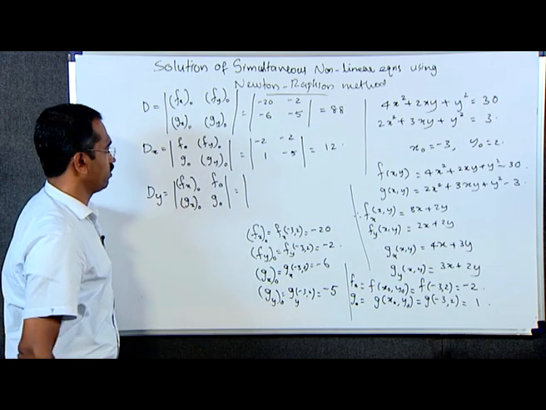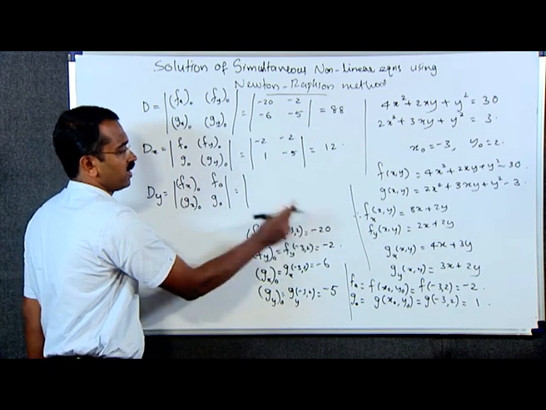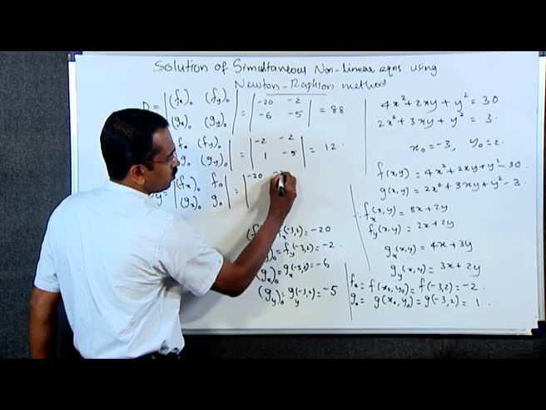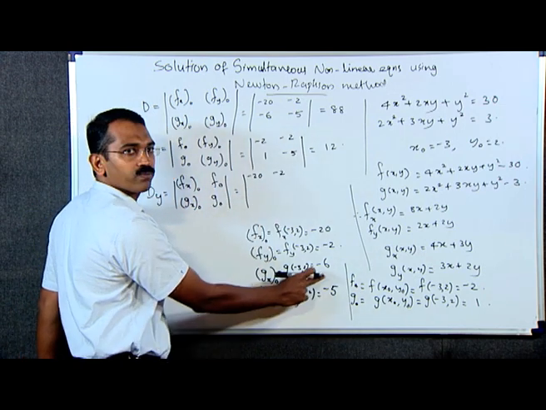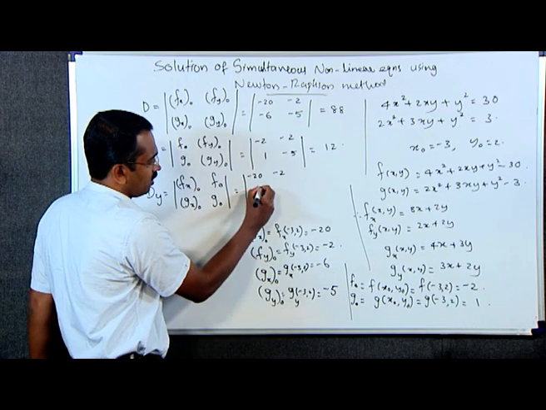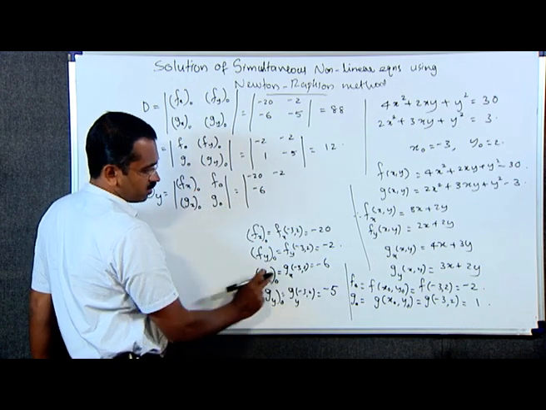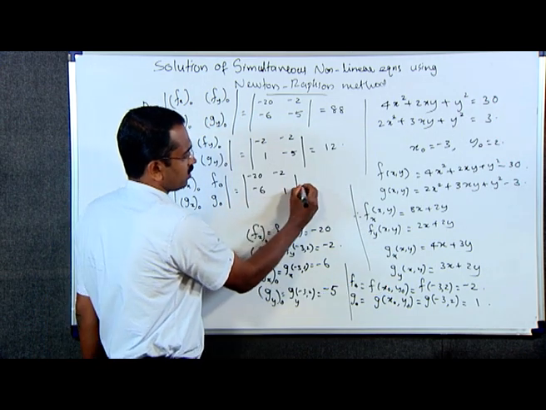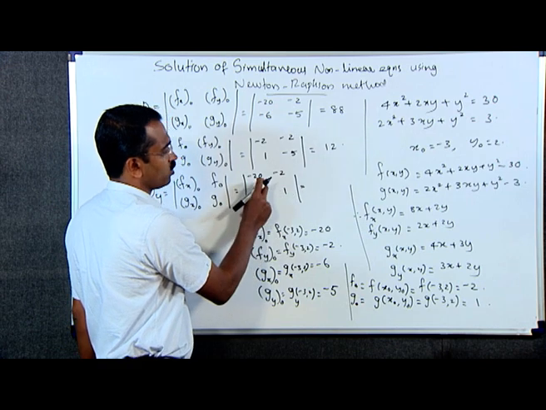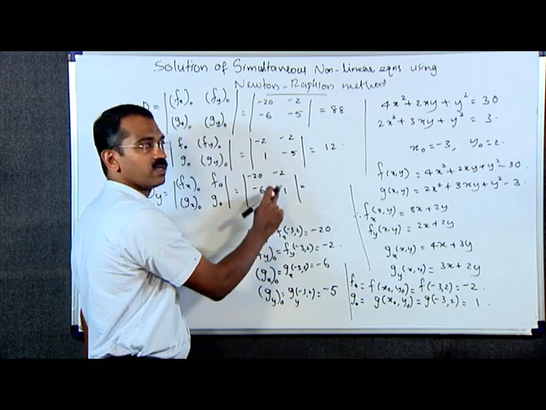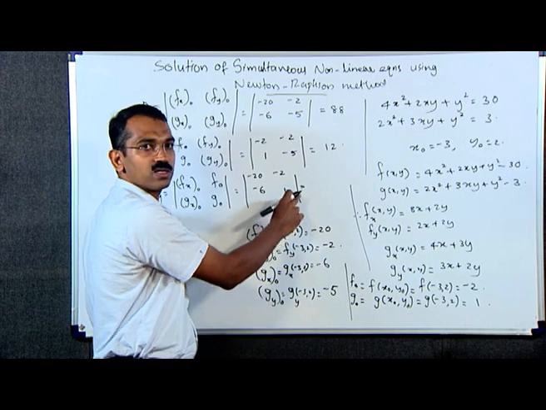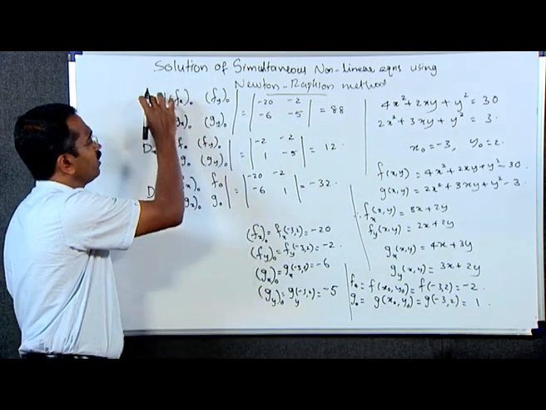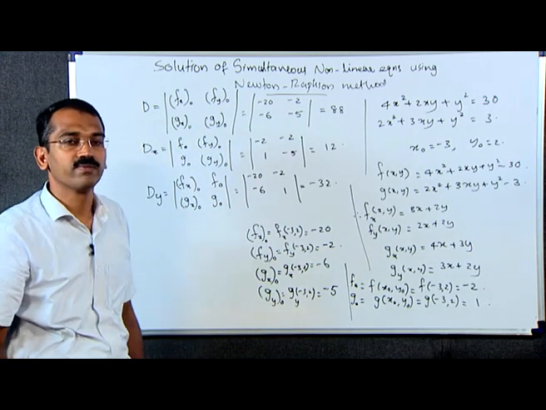That is equal to determinant of f x naught is minus 20, f naught is minus 2, g x naught is minus 6 and g naught is 1. Value of this determinant is 1 into minus 20 minus minus 6 into minus 2, which is equal to minus 32. These are the values of d, dx and dy.